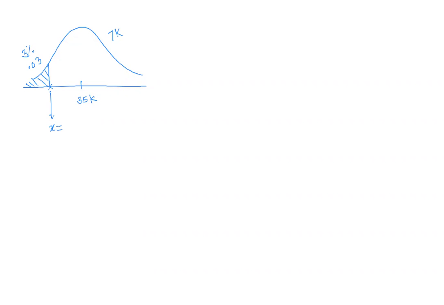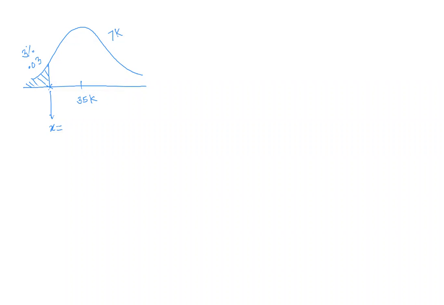Since this is a normal distribution with mean other than 0 and standard deviation other than 1, we cannot find the probability using the table unless we convert it into a standard normal distribution, which we all know how to do.